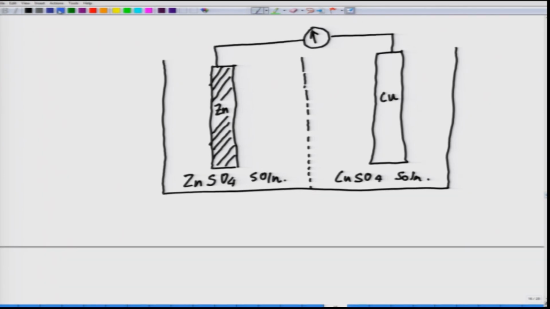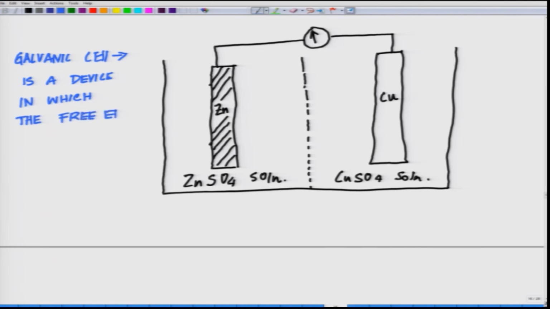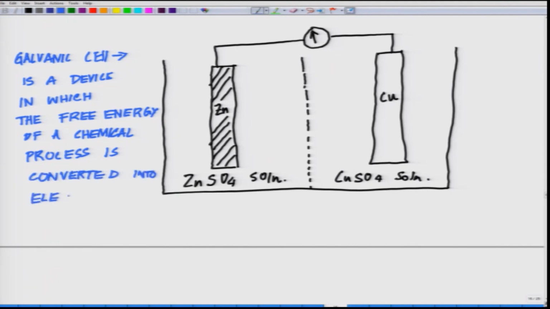I can write here. A galvanic cell is essentially a device in which the free energy of a chemical process is converted into electrical energy.